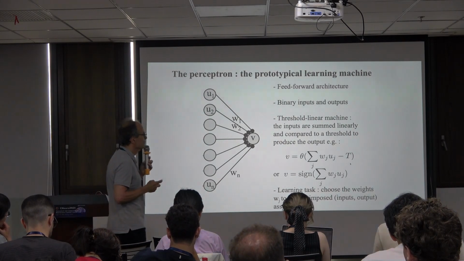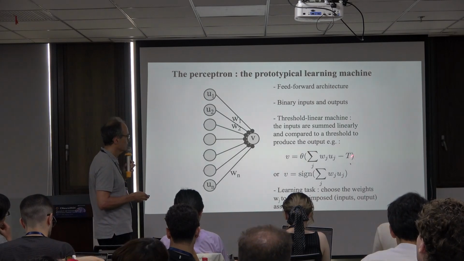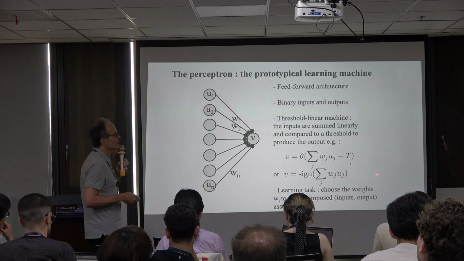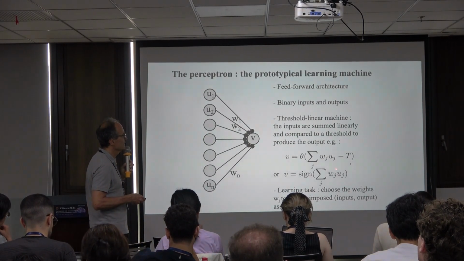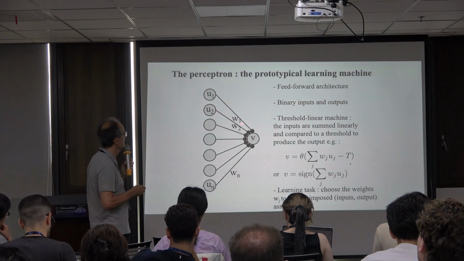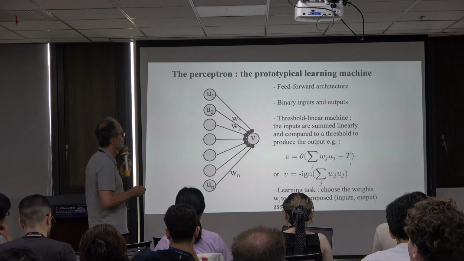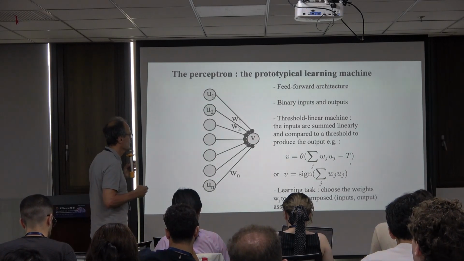So this is the classical learning device. And basically the simplest task is a classification task. You give some inputs here, and you want to associate them to some output.